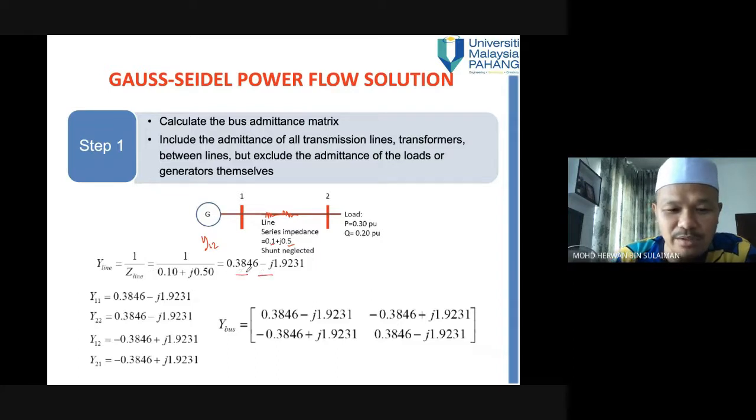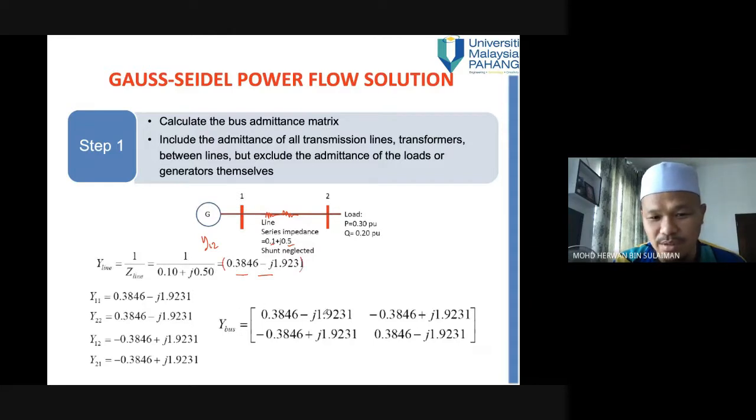From here, as you remember, we have discussed how to construct the bus admittance matrix. Because this is a two bus system, your matrix should be 2 by 2. Then we do the off diagonal first. Since there are only two buses, we get a similar value, but we need to negate the value of Y line because it's off diagonal.